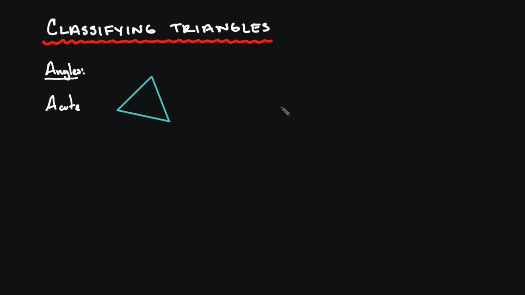An obtuse triangle. When we have an obtuse triangle, what we have is a triangle that has one obtuse angle. That means that one of the angles must be greater than 90 degrees. So maybe I have this side, maybe I have this other side, and maybe I'll join these two sides.